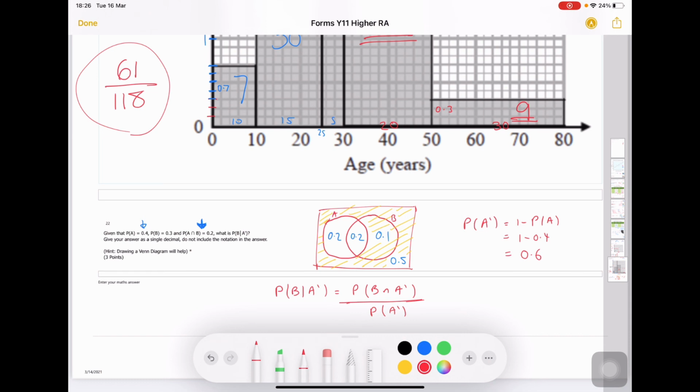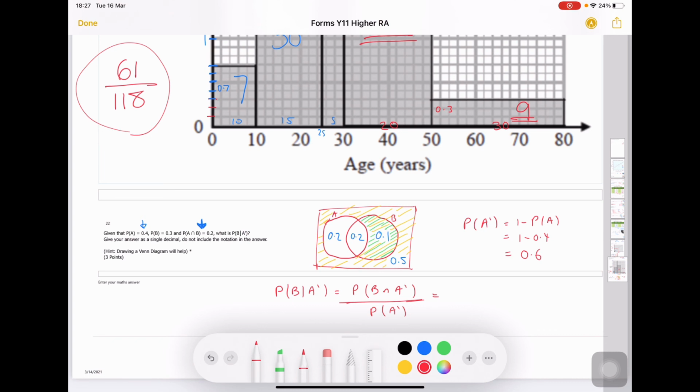So I'll shade that in as well using a different color. So it has to be within the yellow region and it has to be B. So let's shade it like this. So it's going to be this bit, which is B.